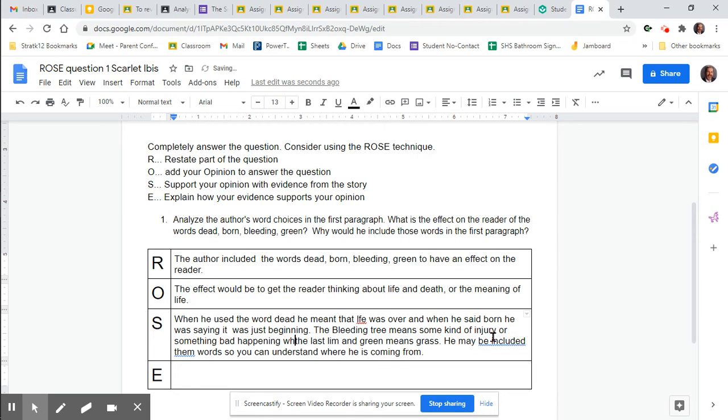Wow. And then we have the word green. Doesn't green usually mean something good? Usually means something good for growing.